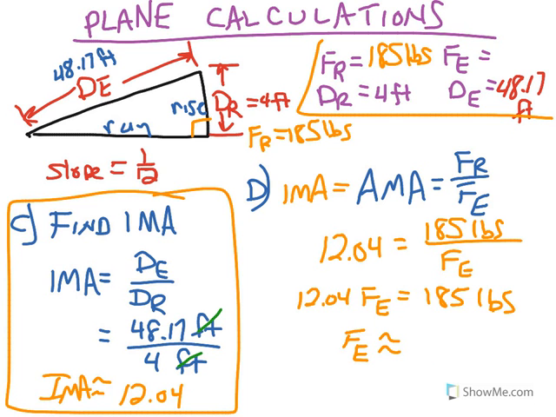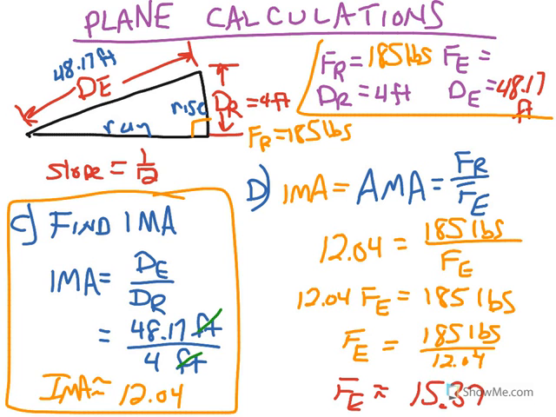Now, let me be more consistent with how I showed this earlier. 185 pounds over 12.04. I haven't rounded it yet, so let's put this back to a regular equal sign. That's going to give us approximately the force of the effort, 15.37. Use the calculator. Pounds. That's the minimum force needed. It's obviously going to be more than that because there's going to be some friction involved.